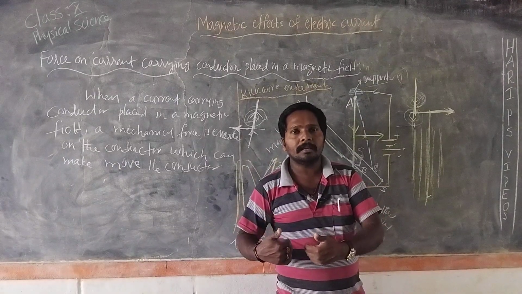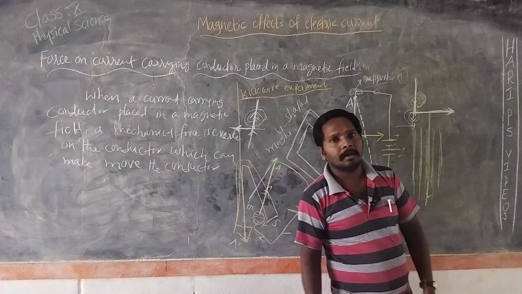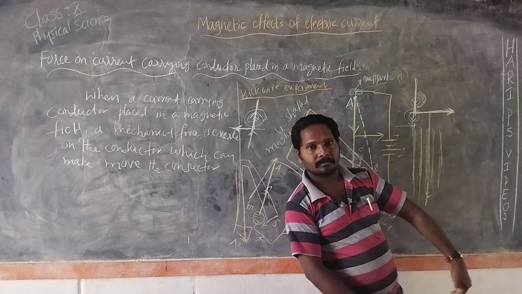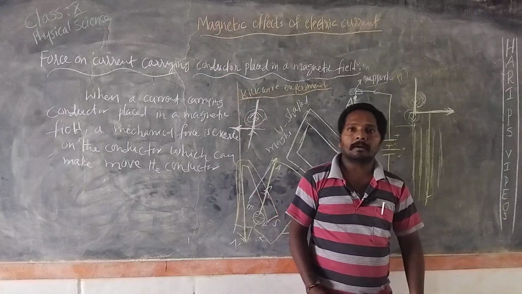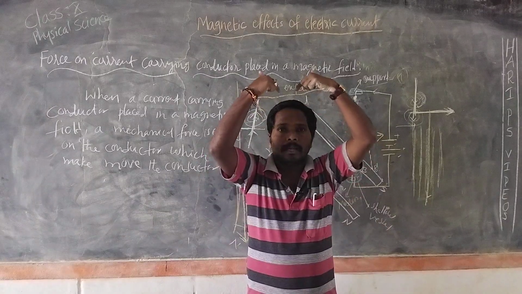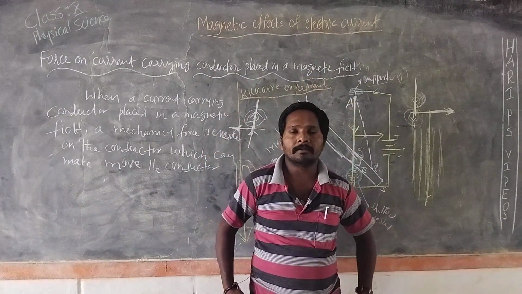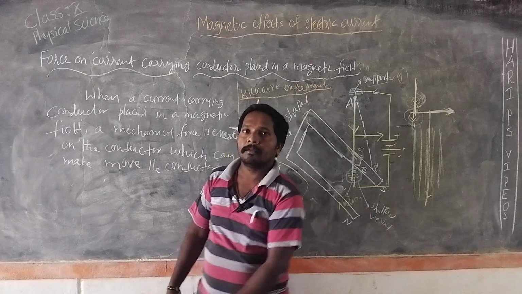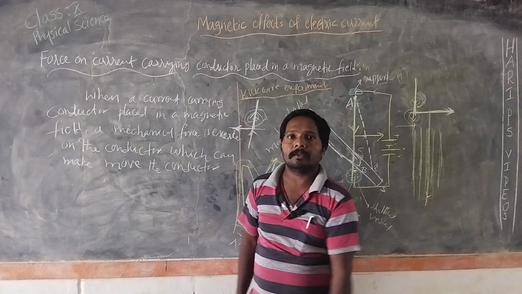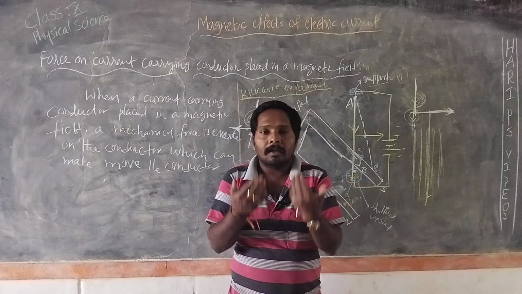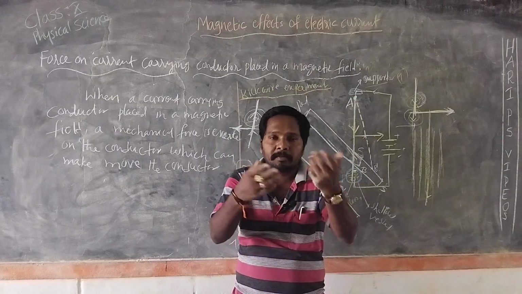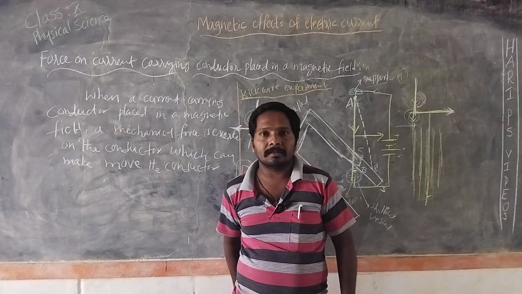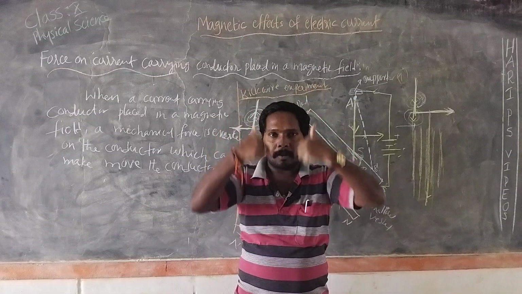Due to the current, what will happen? It becomes like this. If the current is vertically up, what will happen? It moves like this. So this is what I am explaining to you.